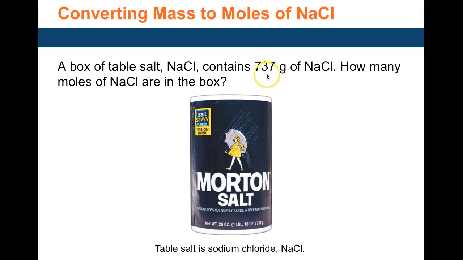So you're converting 737 grams of NaCl. How many moles? So take the molar mass of NaCl, 58.45, and divide 737 by 58.45, and you should get the moles of NaCl.